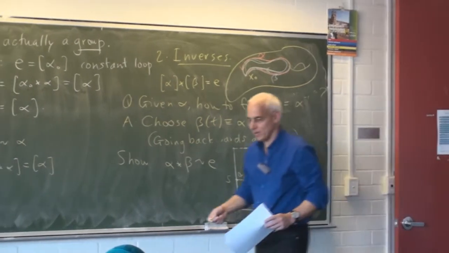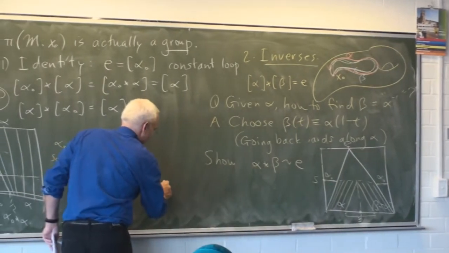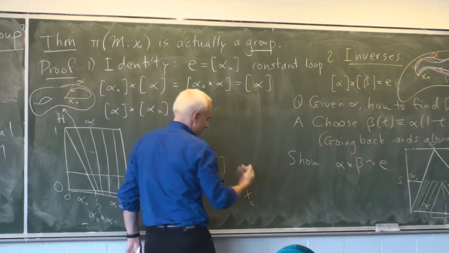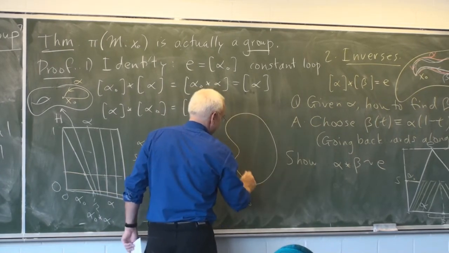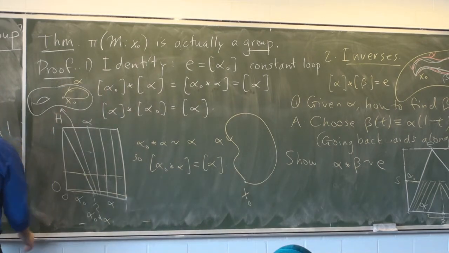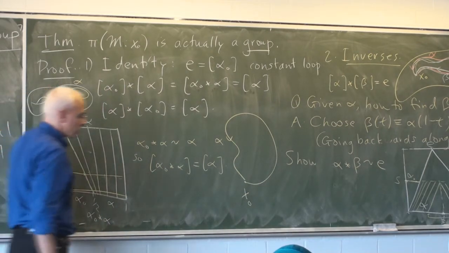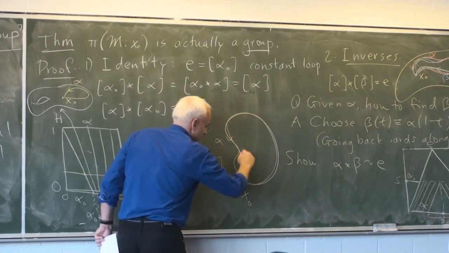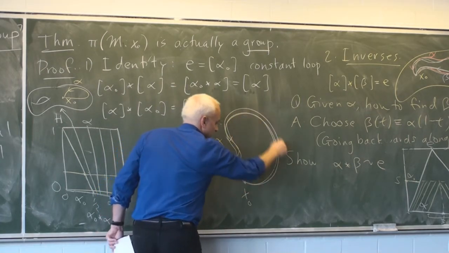So let me show it to you in practice. So here is our point x0. Suppose the board is our surface, and here is our curve alpha. Okay, so here is what this transition looks like. First of all, here's the initial curve: alpha followed by alpha inverse.